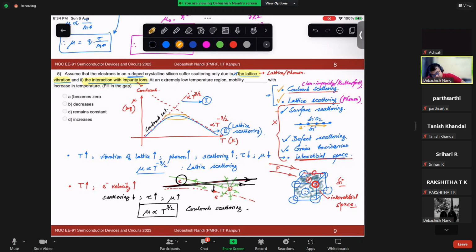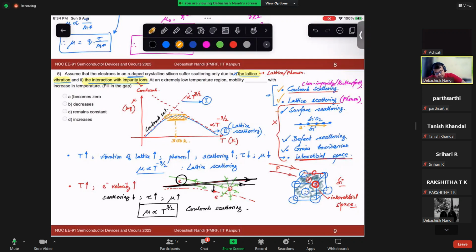Now this region is very important. This is where we want to operate. We don't want our mobility to change, right? Why? Because if you have studied MOSFETs, you have seen the formula IDS equals mu n Cox W by L, and there we take mu n as constant because this is around room temperature.